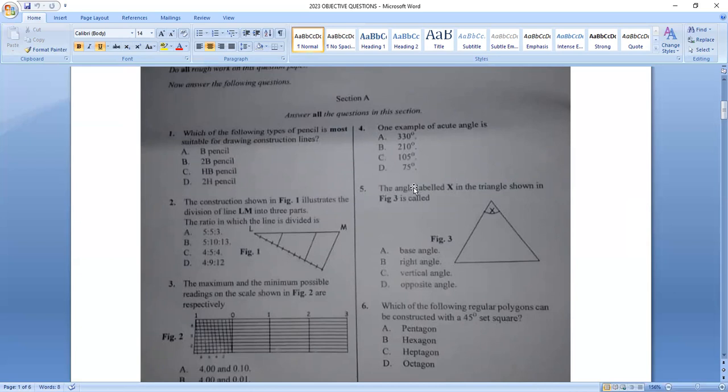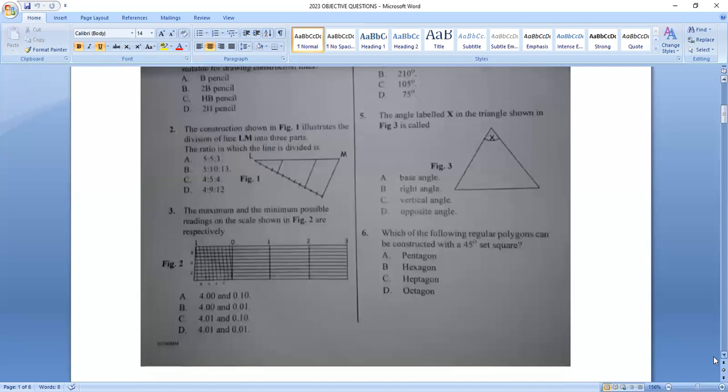That is option D. 75 degree is an acute angle which is less than 90 degree. Then we move to question 5 that says that the angle labeled X in the triangle shown in figure 3 is called vertical angle. That is option C for that question.